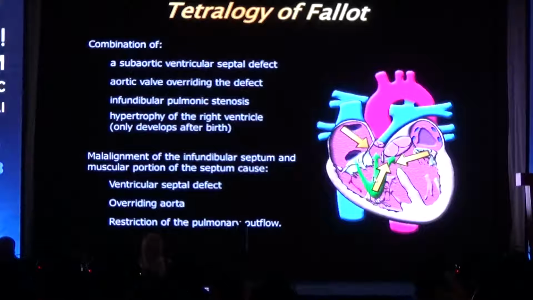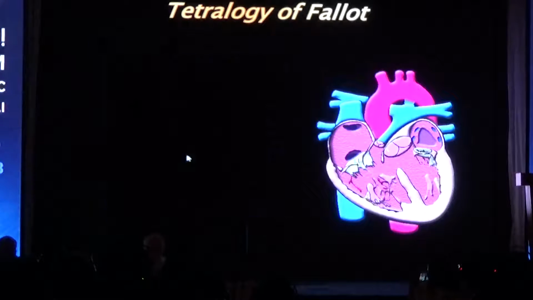There's an overriding of the aorta, and there's a restriction to the pulmonary inflow. So tetralogy of Fallot is a combination of a subaortic ventricular septal defect, an aortic valve overriding the defect, an infundibular pulmonary stenosis, and hypertrophy of the right ventricle, which is not something we see prenatally. This is a postnatal finding.